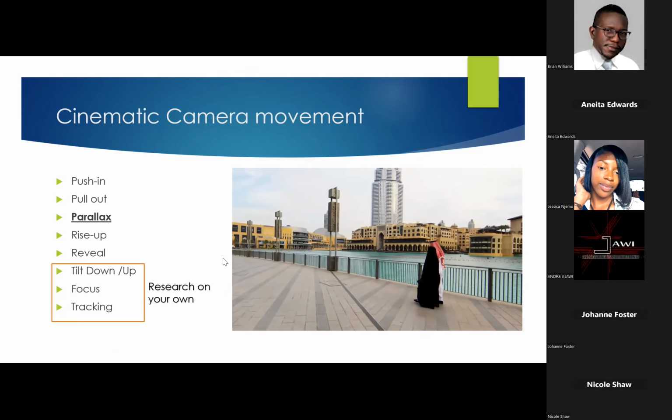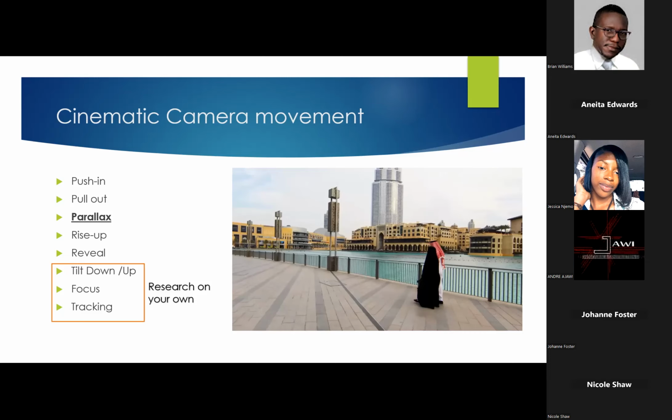Now, the parallax is perhaps one of the most popular ones, especially when you want to show context. So imagine maybe you're doing a building, maybe your design has a particular vista that you want to show, and maybe you want to capture that in a rendering or as an animation.